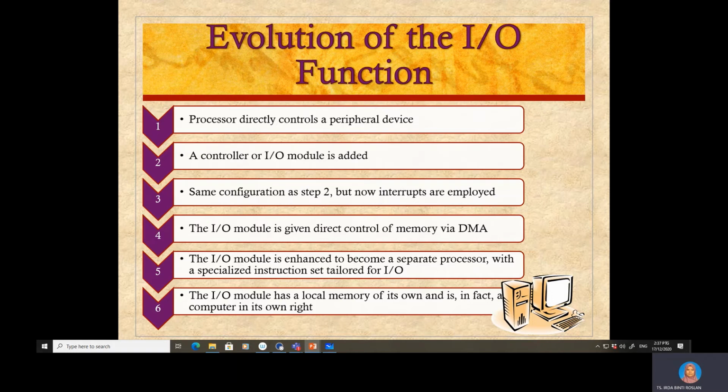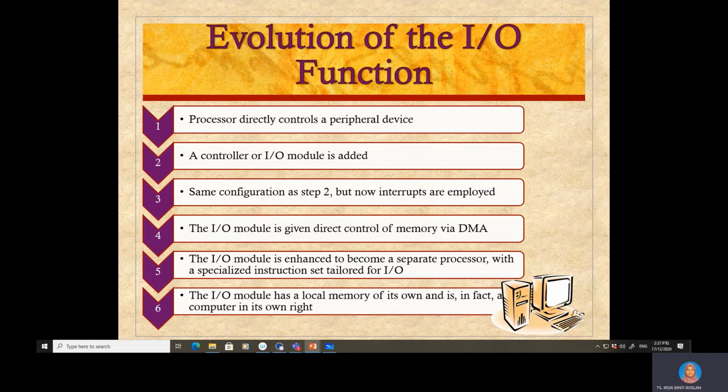The second phase is where a controller or I/O module is added. The third phase has the same configuration as step 2, but now interrupts are employed. Next, the I/O module is given direct control of memory via DMA.